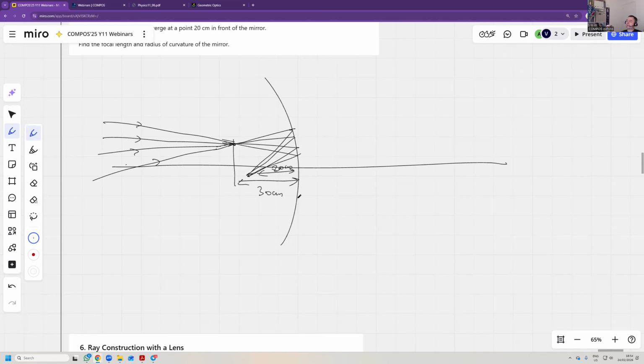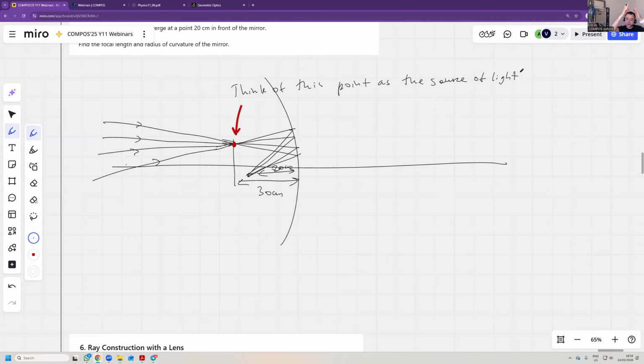But until you start thinking about it, why don't we replace a converging beam? A converging beam meets at a point. So why won't we just treat that point as a source of light? Think of this point as the source of light. Because if a beam is converging, that means all light rays pass through that point.